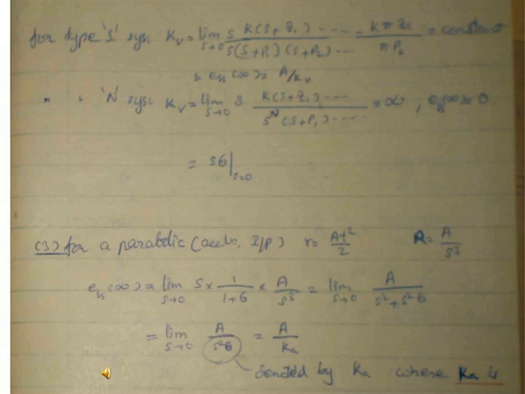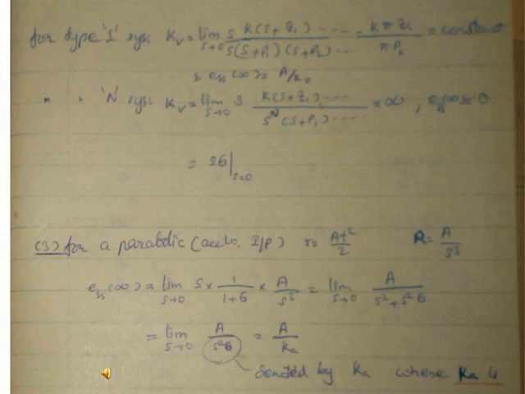Now the parabolic function, the acceleration input. The input is A t squared divided by 2, that is A divided by s to the power 3. The steady state error e_ss at infinity is the limit as s approaches 0 of s multiplied by 1 divided by (1 plus G multiplied by A divided by s cubed).